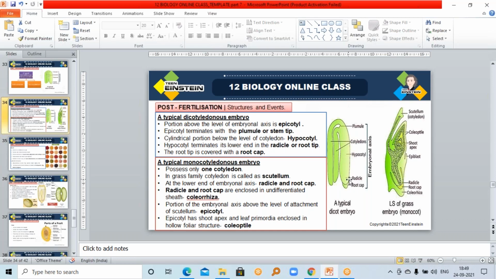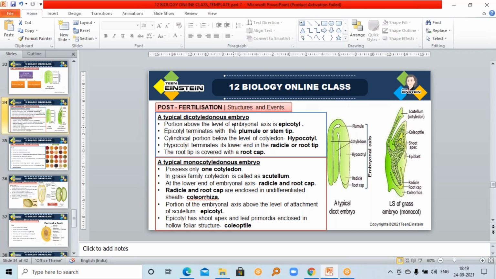Here, this is the radicle or root tip. That root tip is always covered with a root cap.